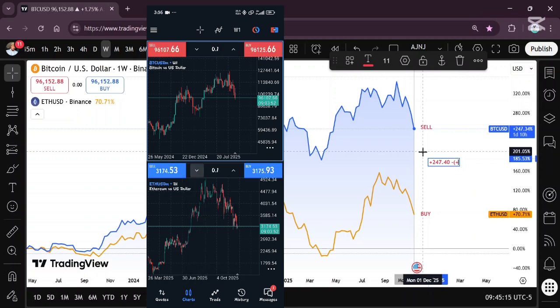If you do the plus and minus between these, you will see that it's still on plus, so it's still positive.